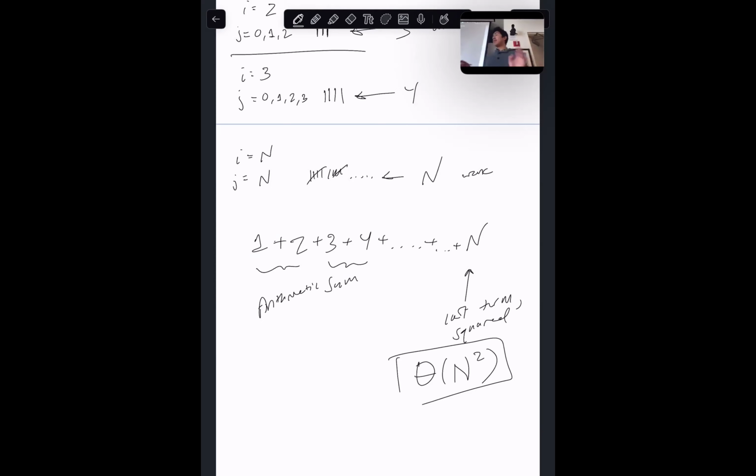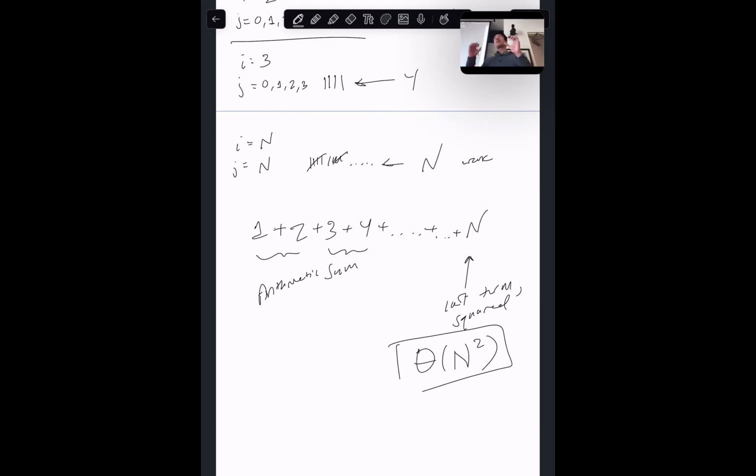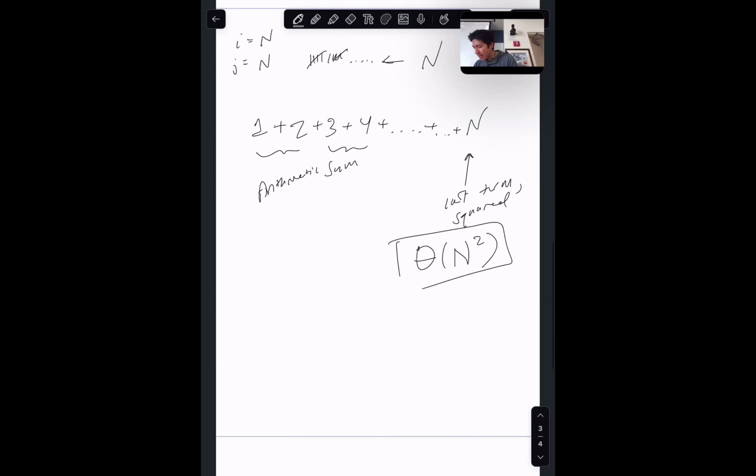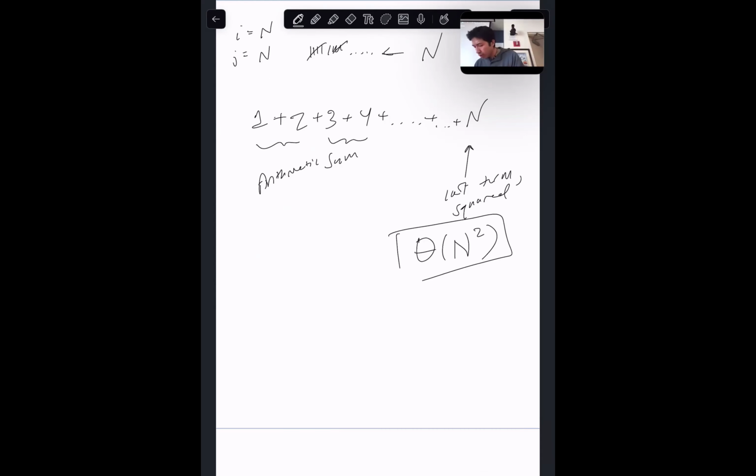Say, for example, I have a different arithmetic sum, like 1 plus 2 plus 3 plus 4, but say our last term wasn't n. Say we know at the final for loop, the work done is n squared.